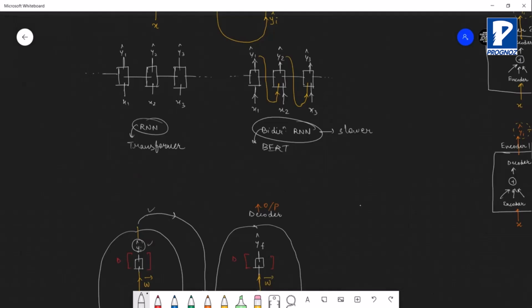RNN they are fast, LSTM they are fast, GRU they are fast, but bidirectional RNN are slower in nature. क्यों? क्योंकि ये loop वाला system आ गया ना यहाँ पे. ये पीला वाला जो line I have drawn, this actually leads to the speed of processing, which is known as computational efficiency, becoming a bit slower in case of bidirectional RNN. And because we are using bidirectional RNN in case of BERT, you will find कि BERT भी थोड़ा slow काम करेगा.